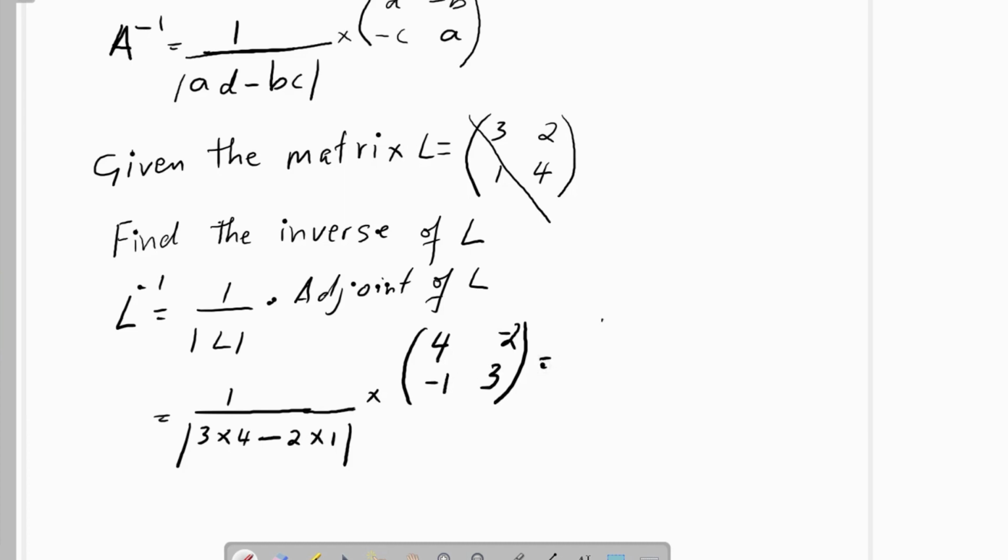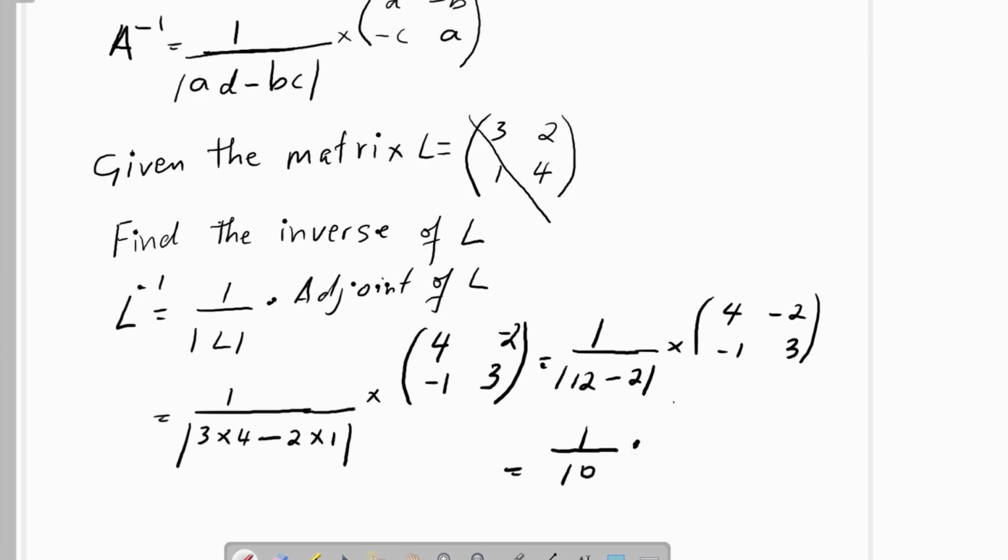Let's simplify. 3 times 4 gives 12, minus 2 times 1, which is 2, times the adjoint, which is [4, -2; -1, 3]. 12 minus 2 is 10, so this becomes 1 over 10 times [4, -2; -1, 3].